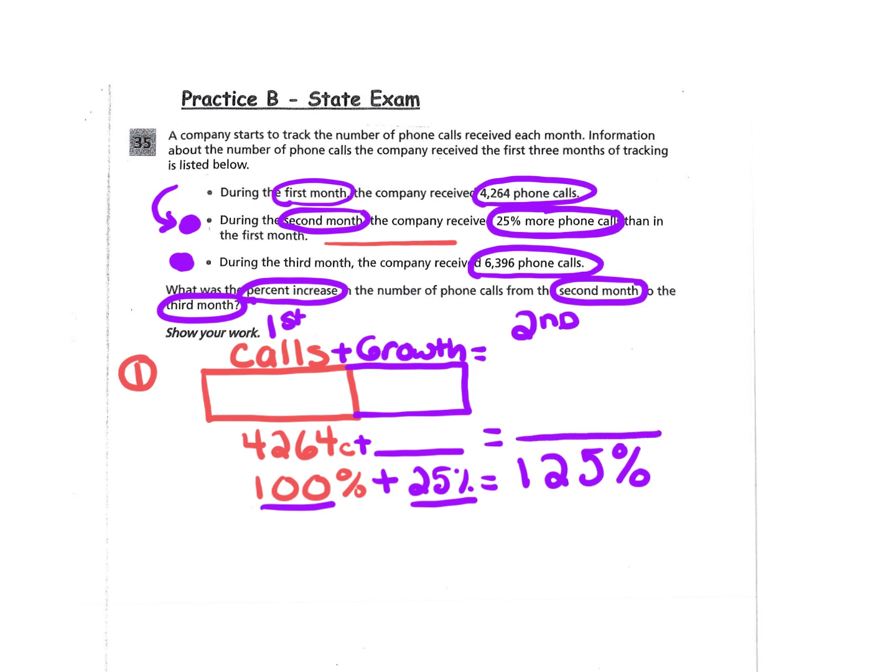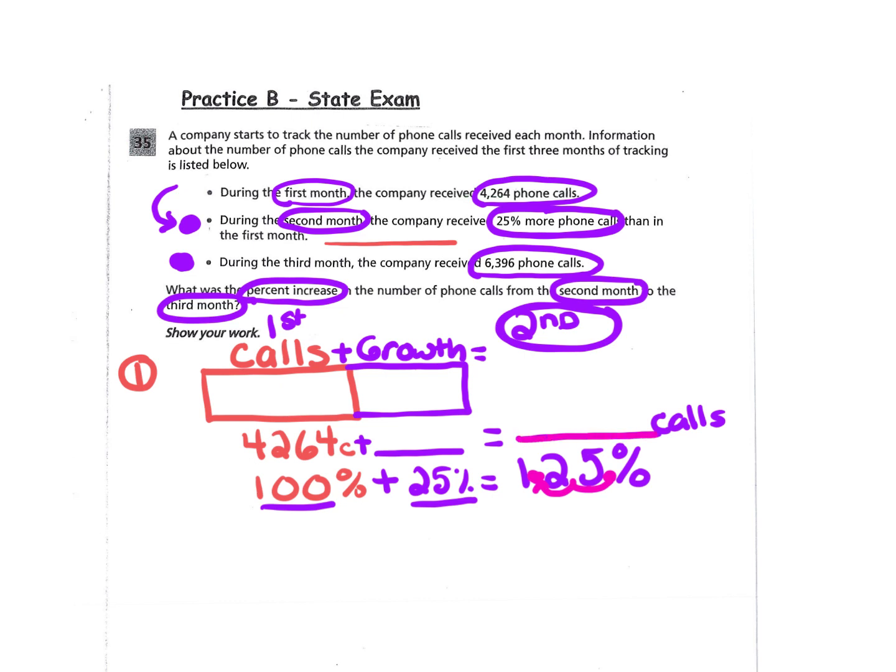We want to know how many calls were received that second month. So we're going to take our percentage rate and convert it to a decimal. Take 125%, scoop, and make it 1.25.